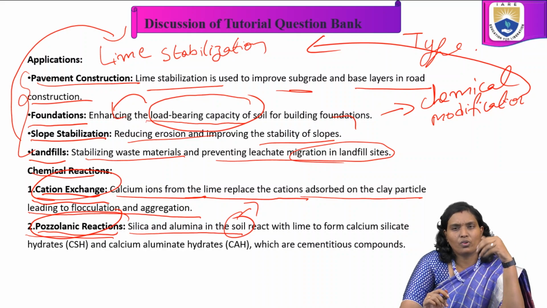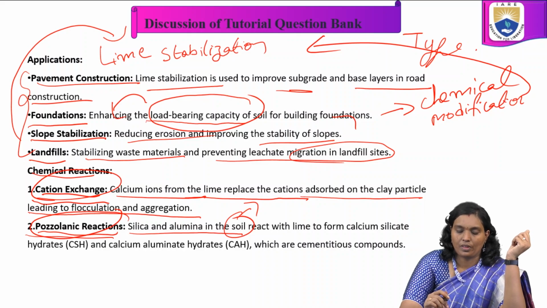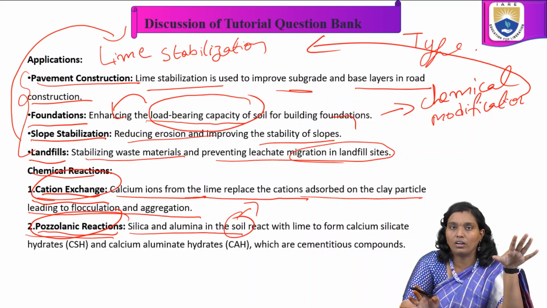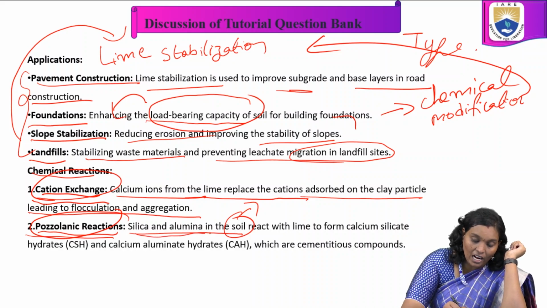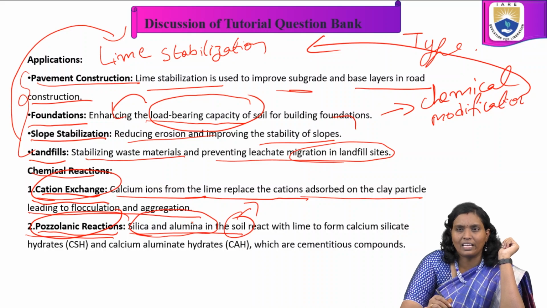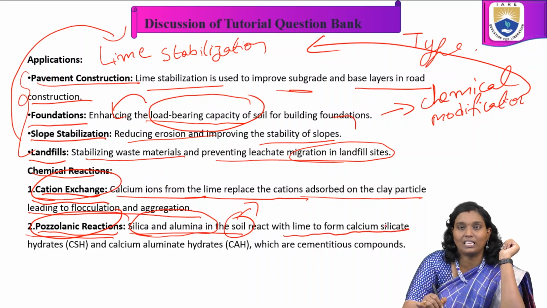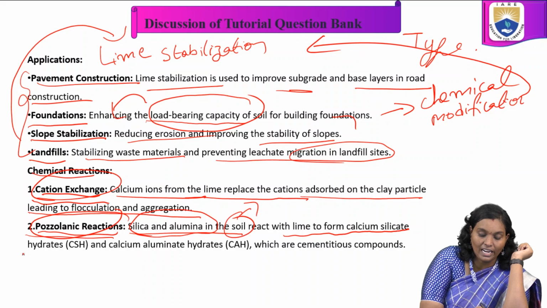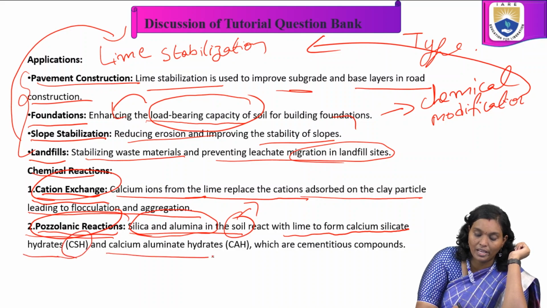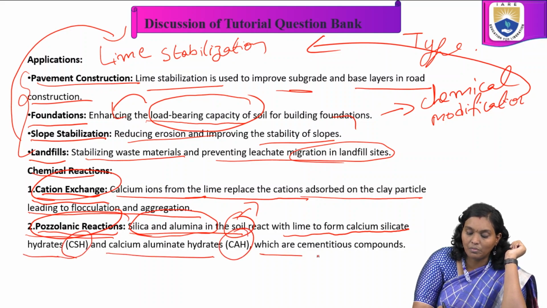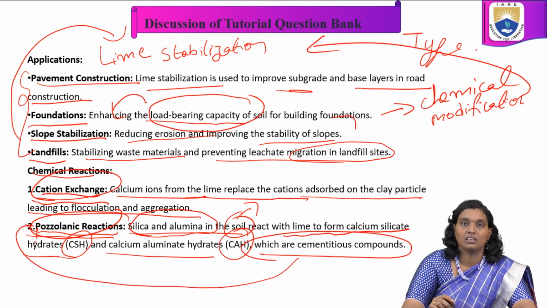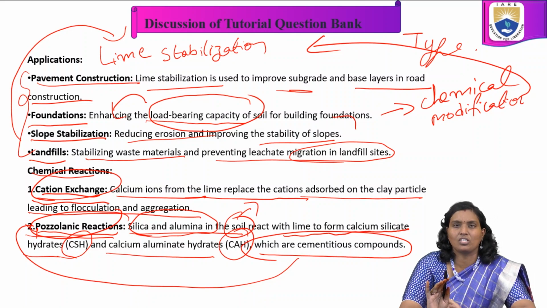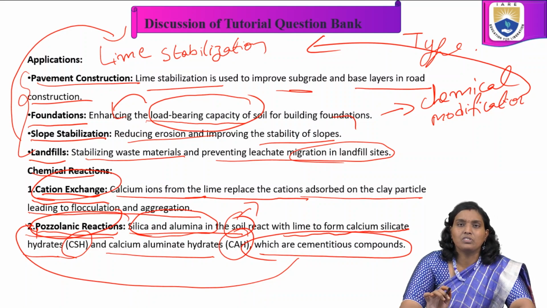Each kind of soil has its own percentage of silica and alumina; it is not the same everywhere, which is why I didn't mention it. The silica and alumina in the soil react with lime to form calcium silicate hydrate, CSH, and calcium aluminate hydrate, CAH, which are cementitious compounds. We know cementitious compounds are involved in pozzolanic reactions. So these are the two chemical reactions which happen in lime stabilization.